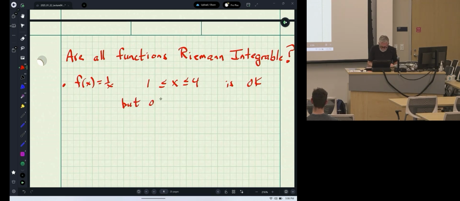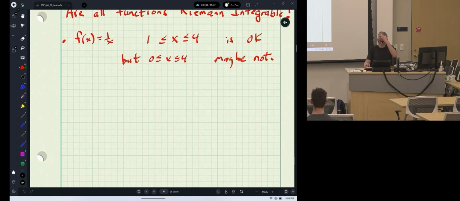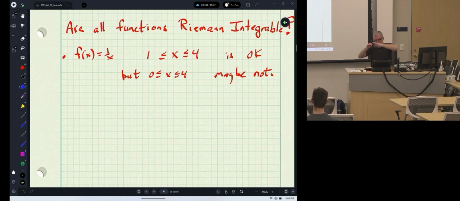But maybe not, okay, because it blows up. Very good. Okay, so 1 over x, you know, for every point x slightly bigger than 0, all the way out towards infinity, it's nice and continuous, though, and you have to push yourself to the point where it blows up.